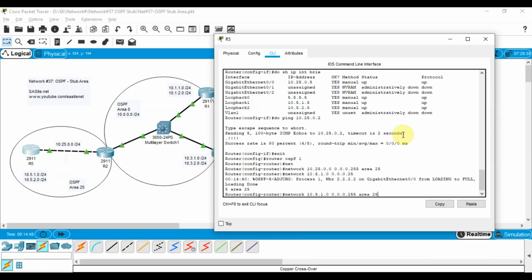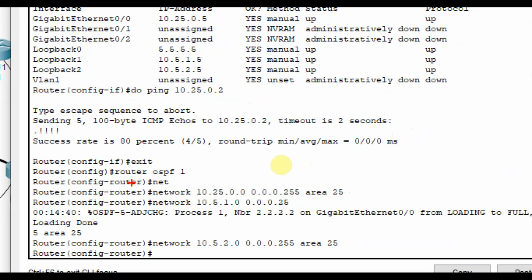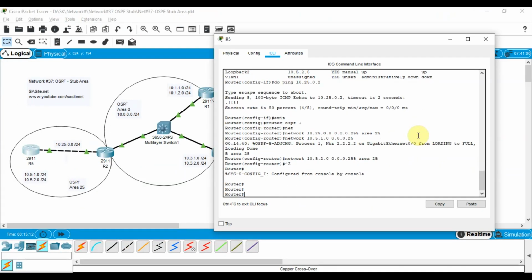We can see that. And let's advertise 10.5.2. And let's take a closer look. Router OSPF 1, advertise this area 25 interface, the main interface, as well as two of our loopbacks. Okay. Nice. And let's see what we have.